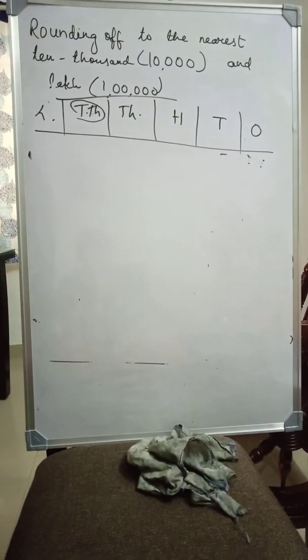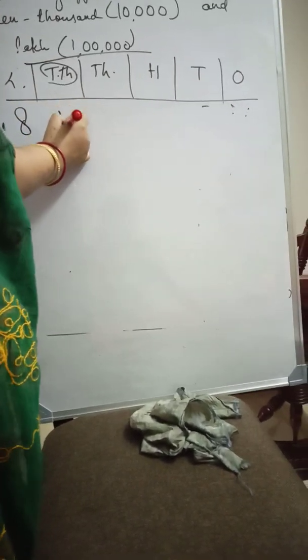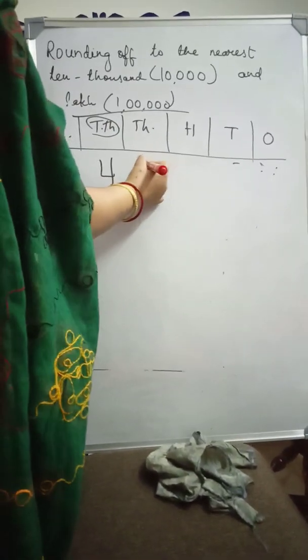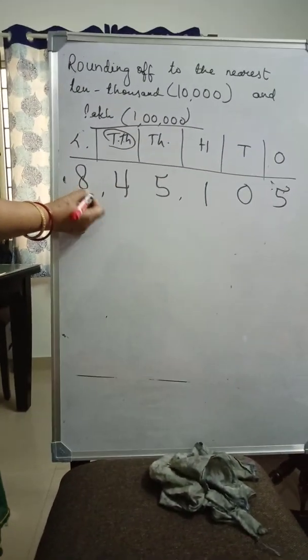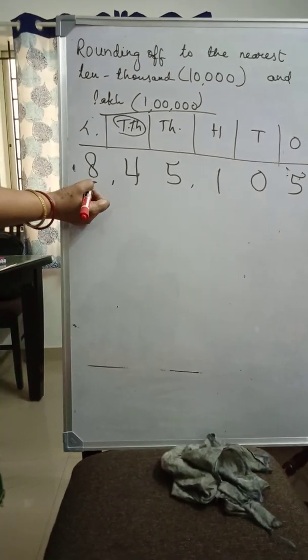Okay. Now let us take another example. Here the question is 8,45,105. How will you read it? 8,45,105. We have to round off to the nearest 1 lakh. Correct?